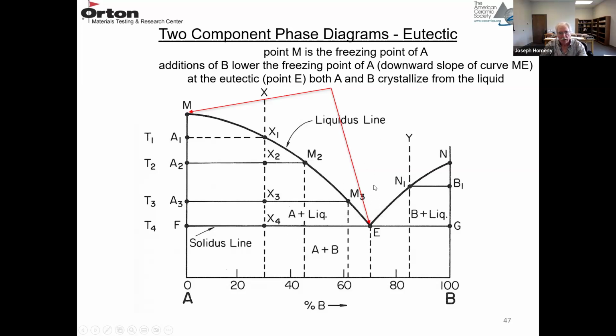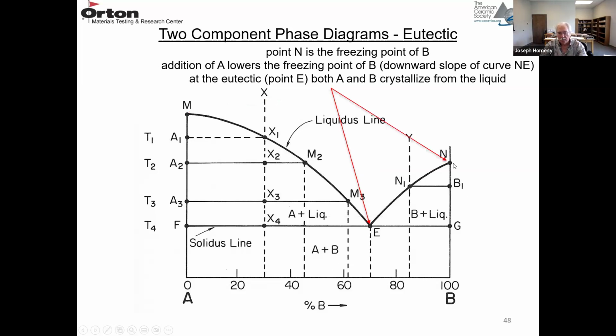So E is unique because if we're at the eutectic composition, we go from liquid to both A and B at the same time. Any other point along the liquidus line, you crystallize A plus the liquid. E is unique because the liquid completely disappears and you have A and B crystals.